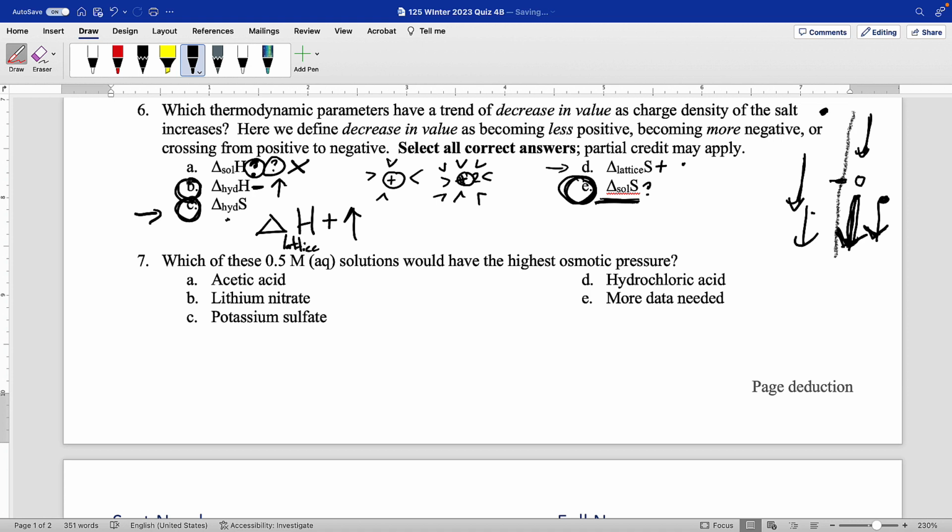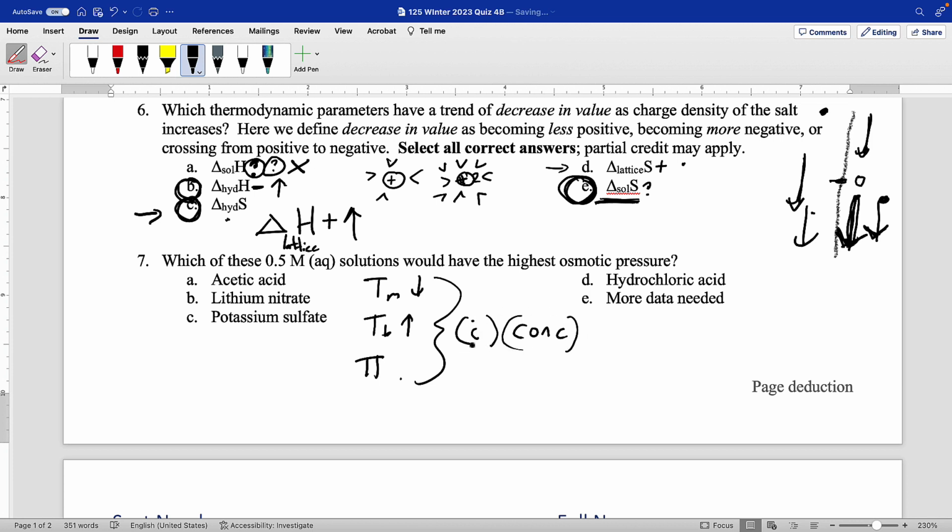Number 7, osmotic pressure. So osmotic pressure, it's like any colligative property, it's dependent upon the number of particles. So whether it's freezing point depression or boiling point elevation or osmotic pressure, all of these things are a function of concentration of the solute times the Van't Hoff factor, right?